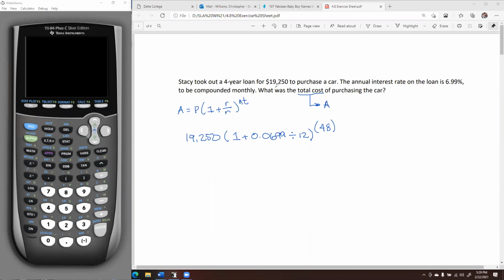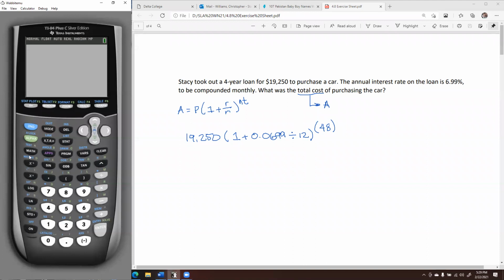But as you'll see in some of the exercises coming up, you're going to have combinations of numbers that aren't going to play so nicely. So you may want to just go ahead and leave it in the expression form rather than trying to grind it out. Now, this is what we're going to enter into our calculator. So I'm going to turn on my calculator.